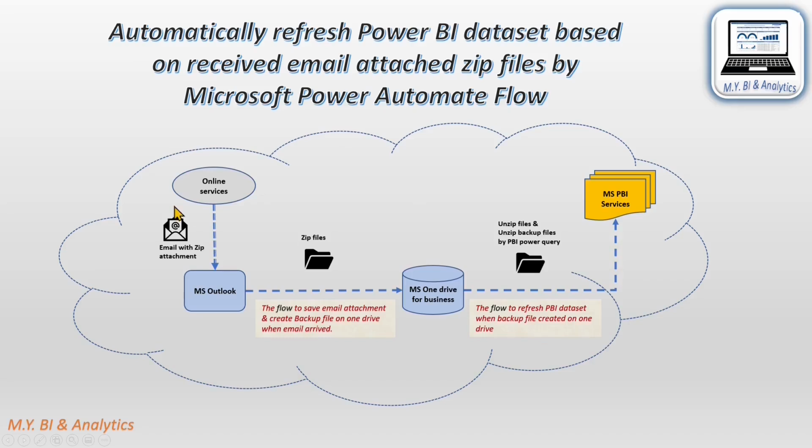At the same time, my flow also deletes the email from Outlook. When the backup file is created on OneDrive, my second flow is triggered to refresh my Power BI dataset in Power BI service. Then my Power BI report and dashboard in the cloud get refreshed.